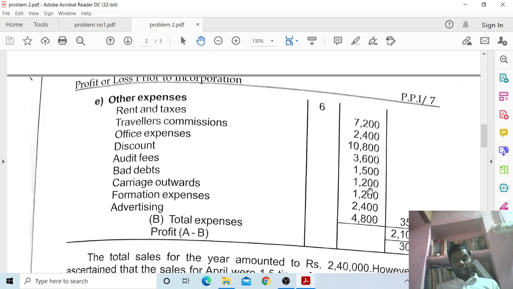Total of these amounts is 35,100. Total expenses are 2,10,000. Profit, A minus B, is 30,000.